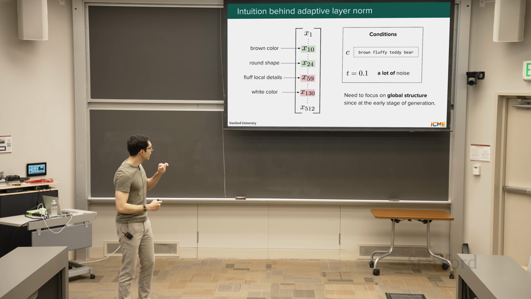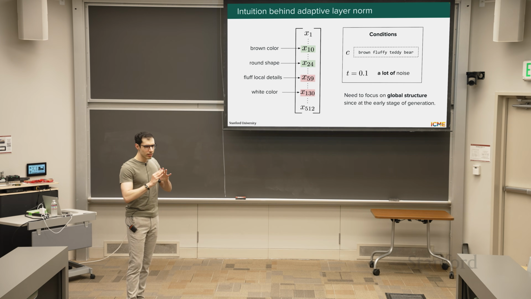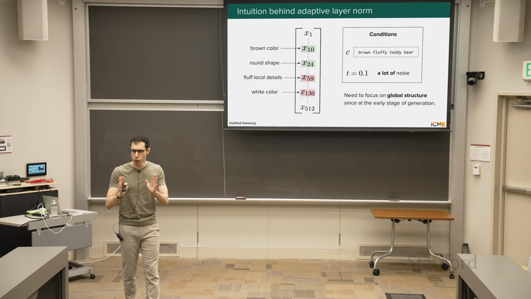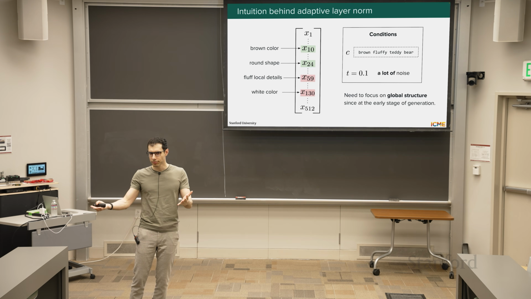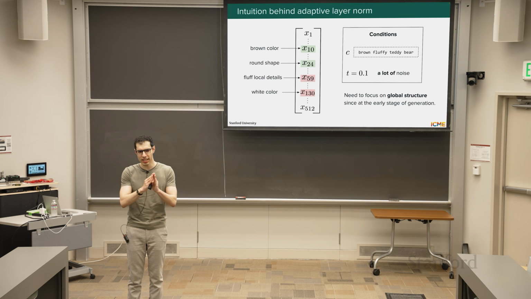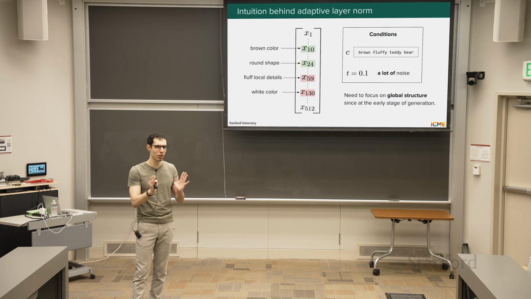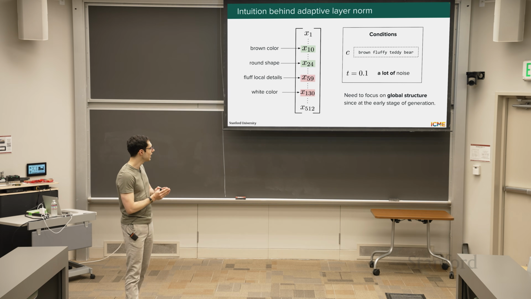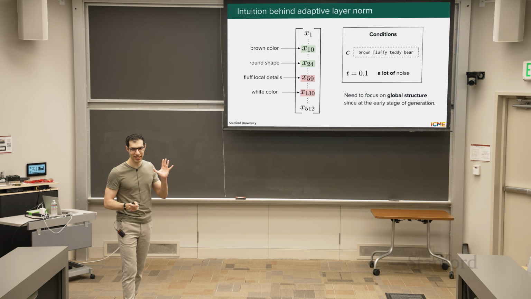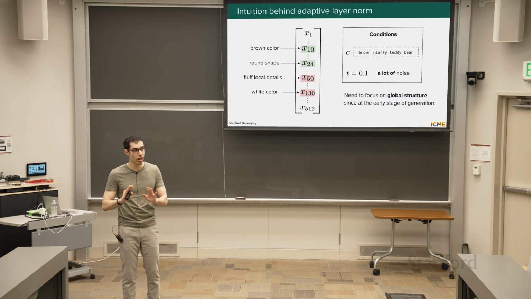Let's suppose that we're at a stage where there's a lot of noise. The noise can be represented on a scale that we're going to assume is between 0 and 1, where 0 is super noisy and 1 is clean. Let's assume that time here is 0.1, so a lot of noise.